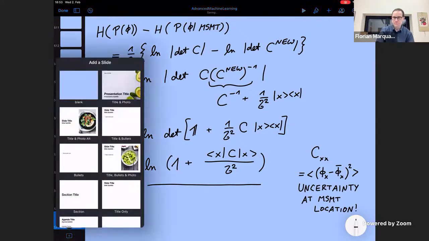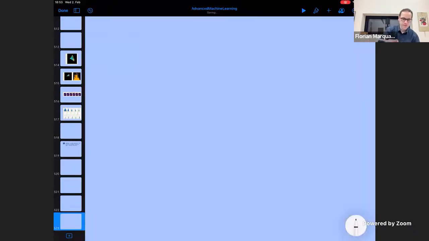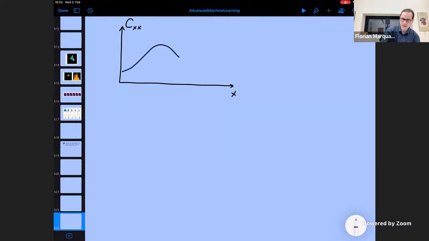So the typical intuitive way to think about these things is the following. I could now plot versus x this uncertainty, so the fluctuation strength of my Gaussian random process, and maybe it looks like this.